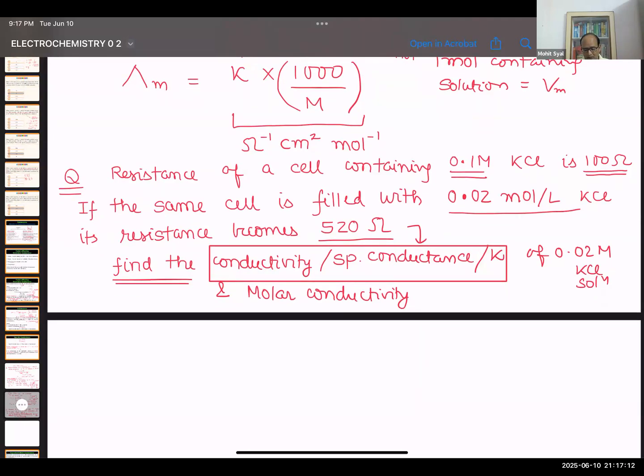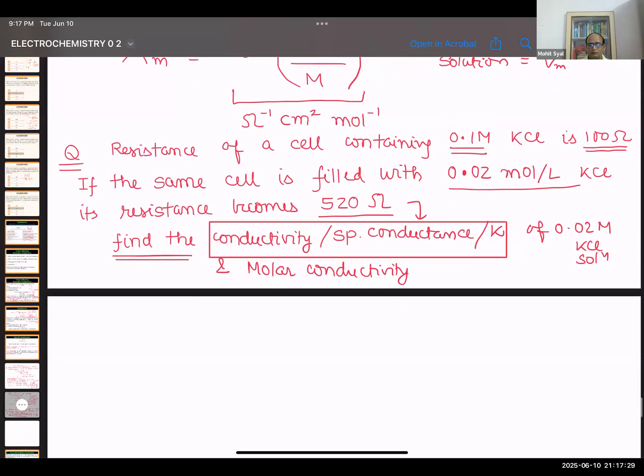So Aisha, just try to do it. Initially the data is given for 0.1 molar KCl. Resistance is 100 ohm.